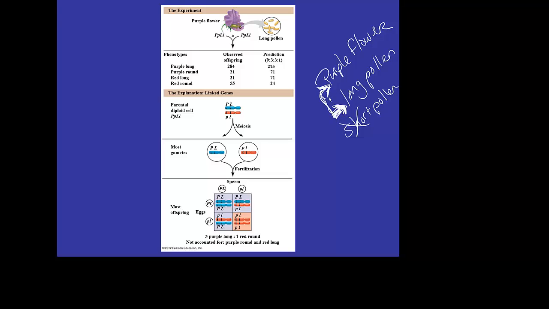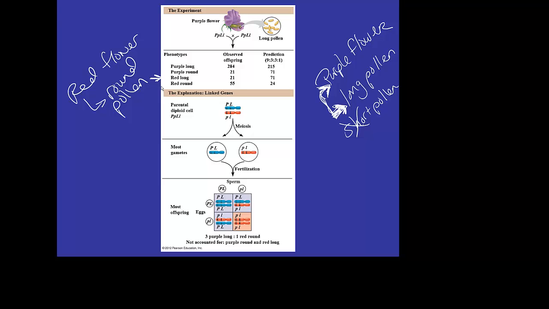Okay? And conversely, in this case, am I going to have a red flower that always has round pollen? Now, you might say, okay, well, if I'm a red flower and that means I have round pollen, that means that these individuals that are red with long pollen can't actually exist. So that's what I want to think about.